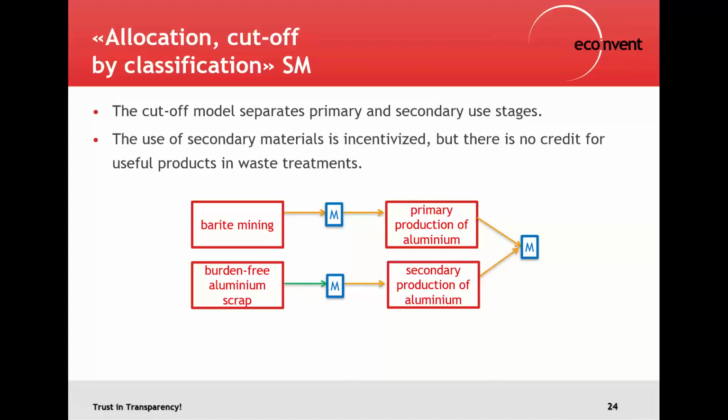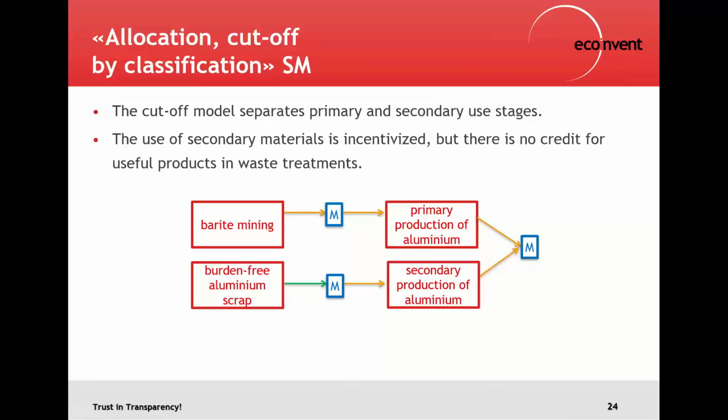The use of secondary materials then is incentivized because there's no burden given for a recyclable material. If we look at this example of a primary production of aluminium versus secondary production of aluminium, using the mining route as primary production or the scrap as the secondary production, the secondary material is incentivized. Scrap will be delivered for free, but there is no credit given for useful products.